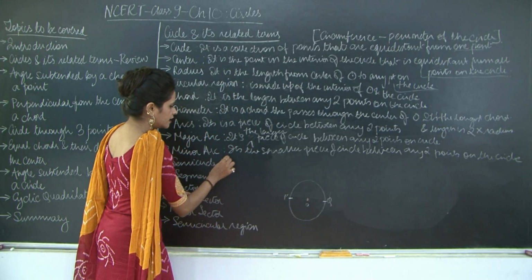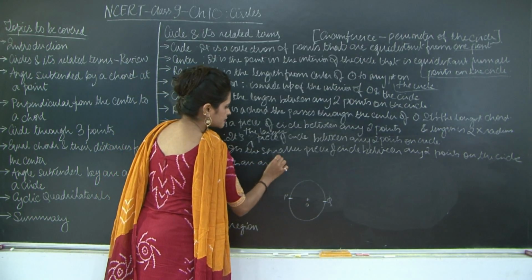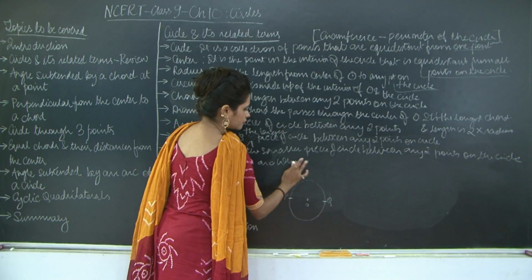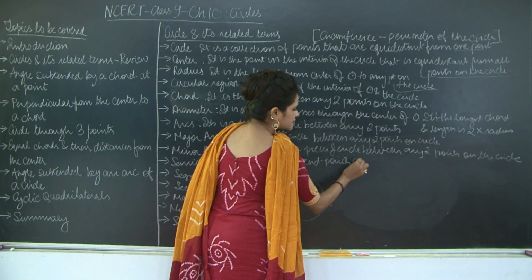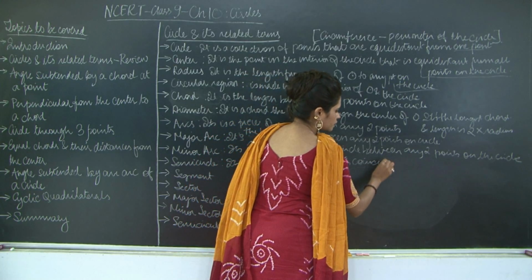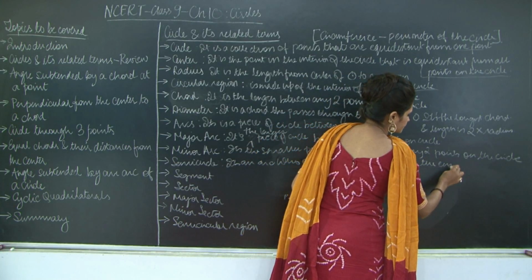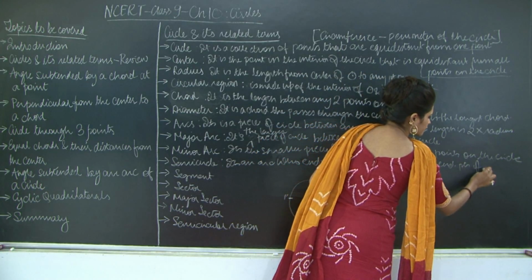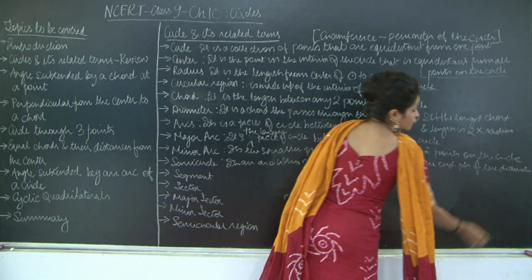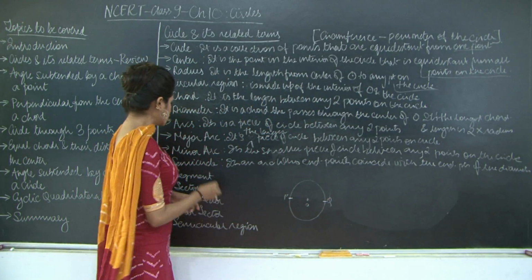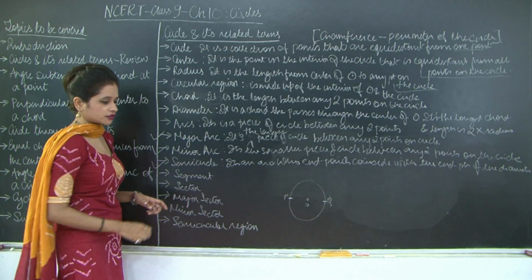So a semicircle is an arc whose end points coincide with the endpoints of the diameter. So which are the three different types of arcs that we learnt? We learnt about the major arc, the minor arc, and the semicircle.